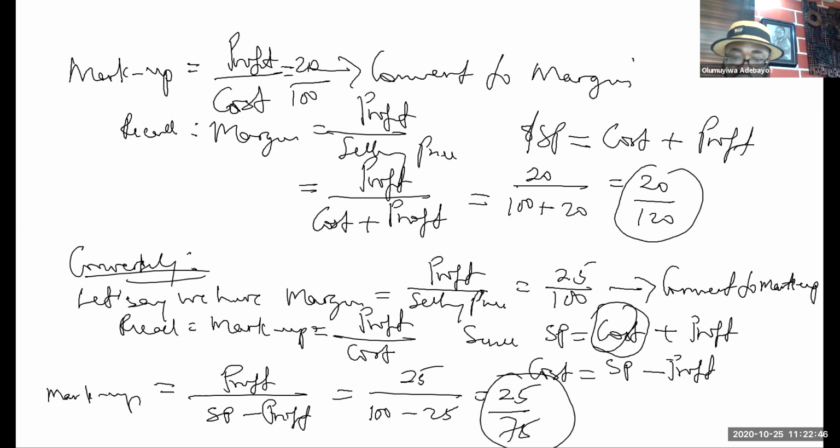Those are the periods you convert so that you can compare apple with apple. Any question at that point? Please, you can unmute and ask. Otherwise, move forward. Okay, now let us move forward.